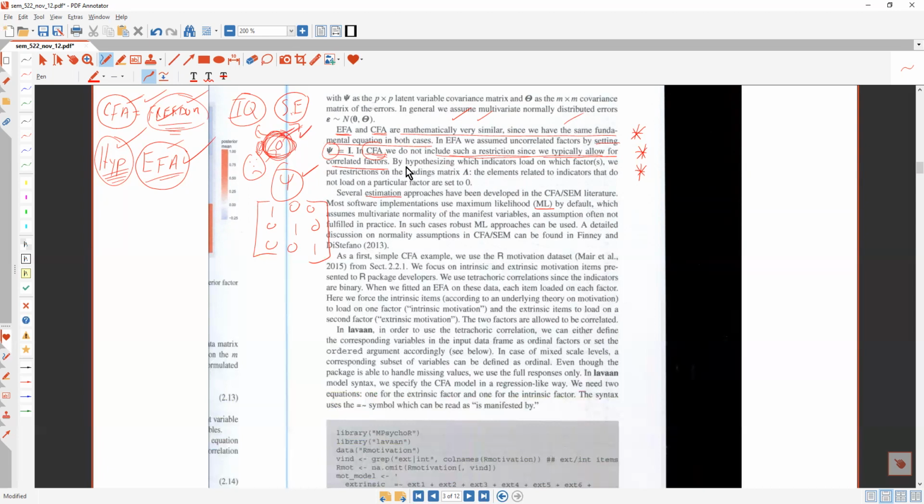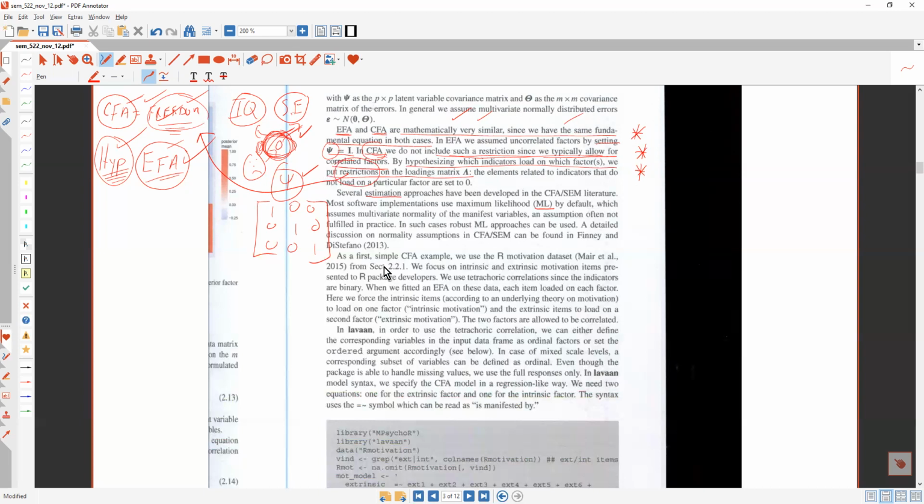So by hypothesizing which indicators load on which factors, we put restrictions on the loading matrix. Restrictions sounds like, boy, that doesn't sound very free, but it is free. It is freedom because you are allowed to start with a whole bunch of possibilities and then place restrictions.